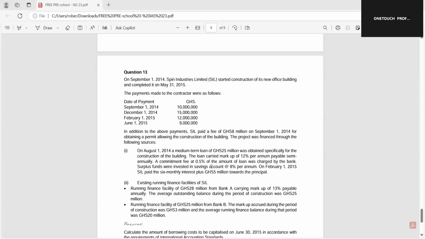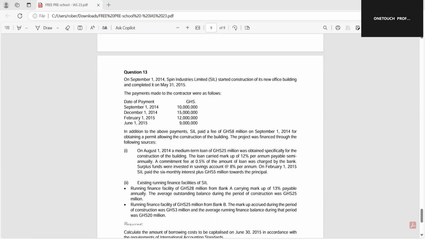It's giving us 61,250. I multiplied the 12% by the 25 million and divided it by 2. You're getting 1.5 million for 6 months, 1.5 million.